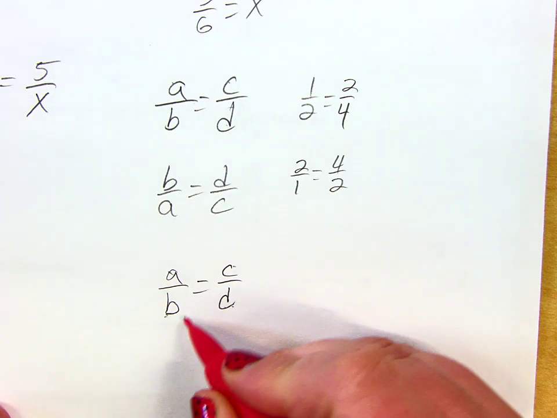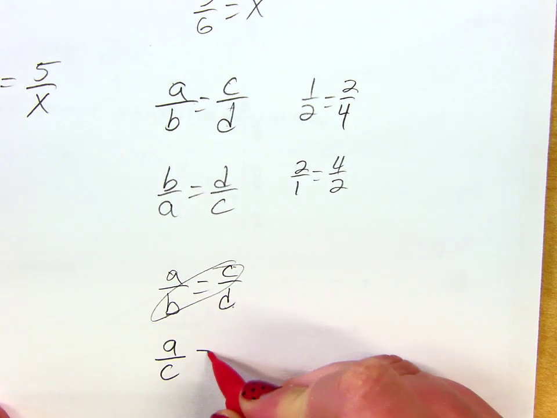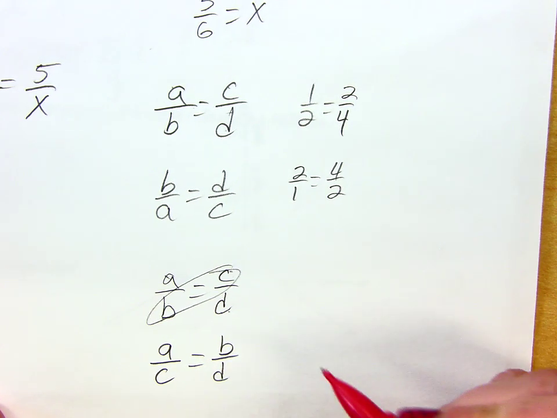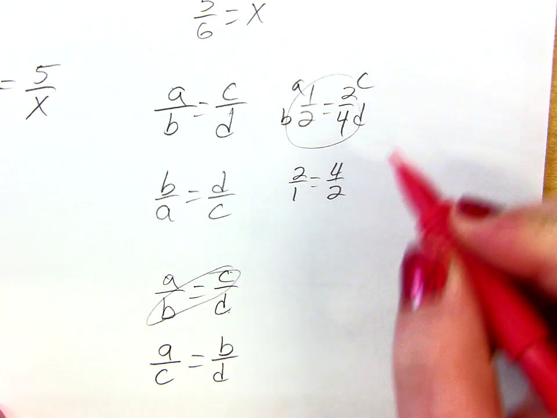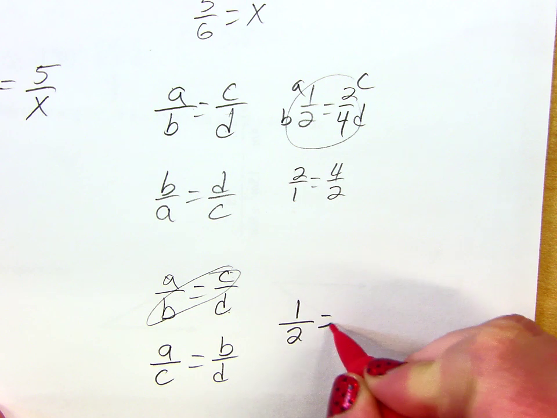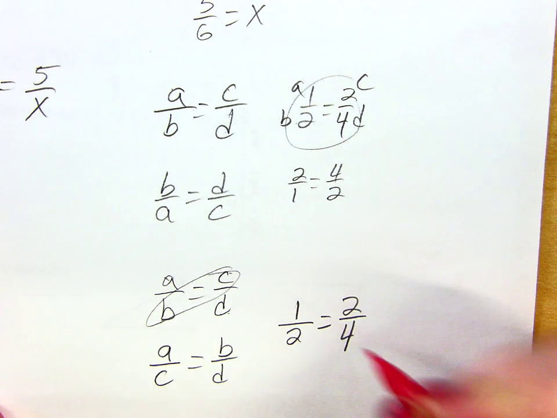So my claim is that, let's say I want to swap those 2 diagonals, I'm claiming that A over C will equal B over D. What? Let's try it with the same one. So this is A, B, C, D. So if I did A is 1 over C, is that equal to B, which is 2, over D?